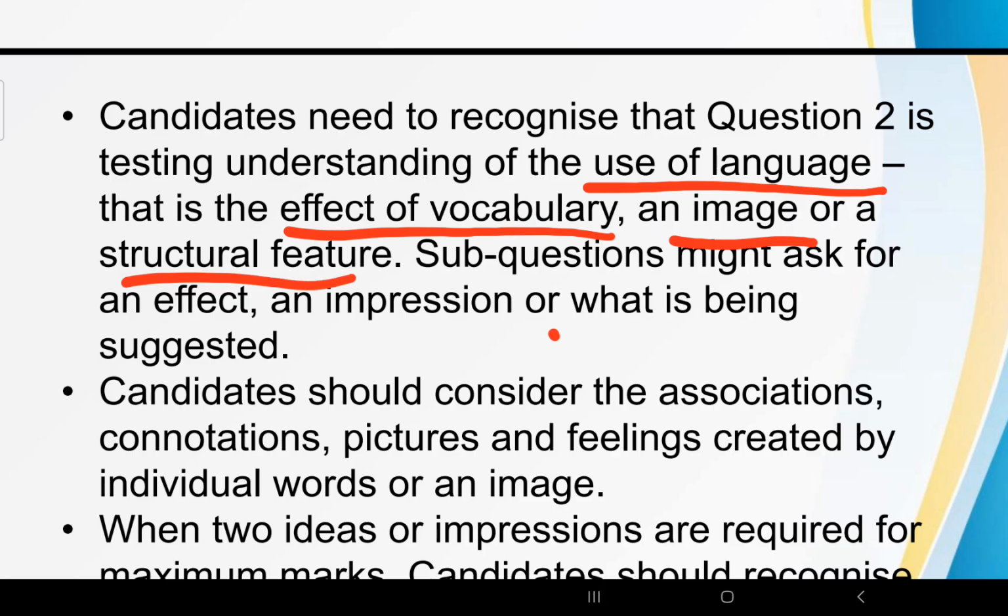Sub questions might ask for an effect, an impression, or what is being suggested. In all these questions, they will ask what the writer is trying to suggest, what the effect of these words is, or to write about two impressions. All these 5 questions are about these things.